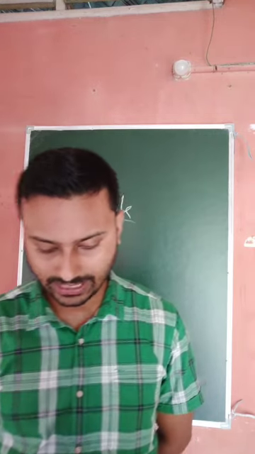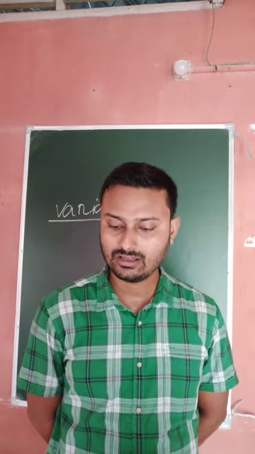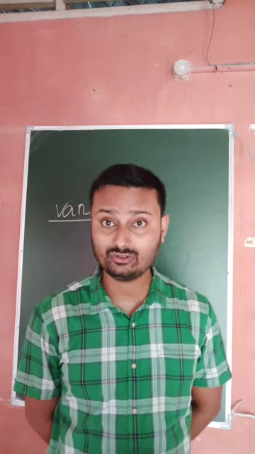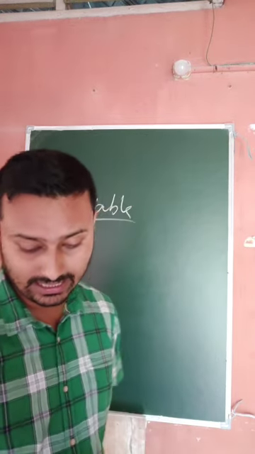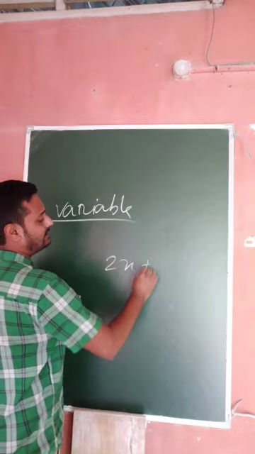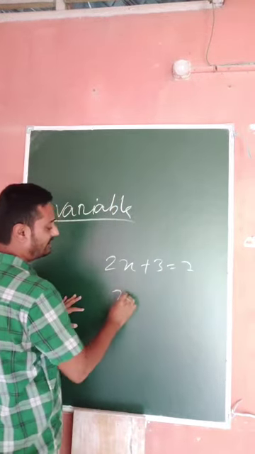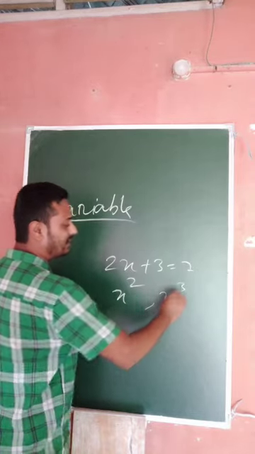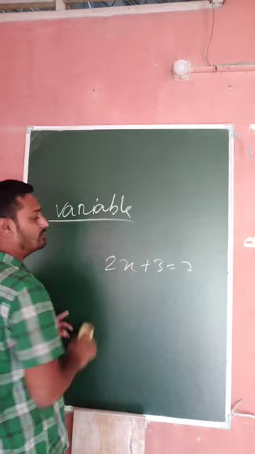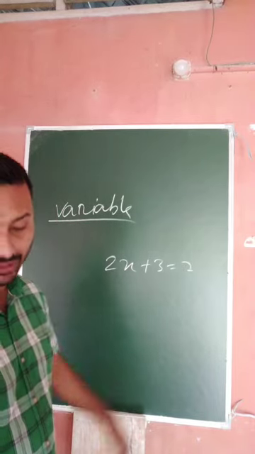First, they cannot have expressions or powers, for example x square. In a linear expression I am writing 2x plus 2 plus 7, not x square or x cube. So the power must be equal to 1, it cannot be 2 or 3.